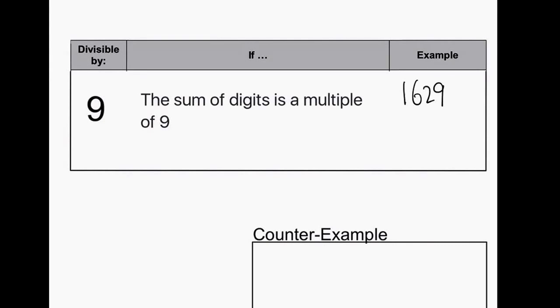They will ask you to add up, but my shortcut is I just group everything that is 9 and cancel. Then 162 is also a multiple of 9, which is 9, so I cancel out. So this one is divisible by 9.